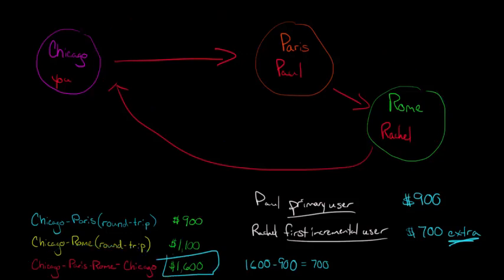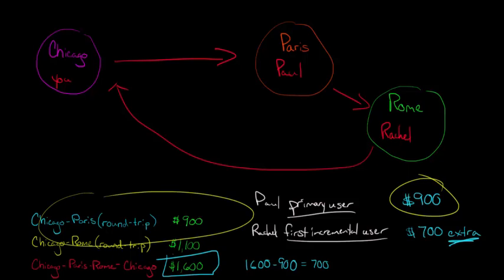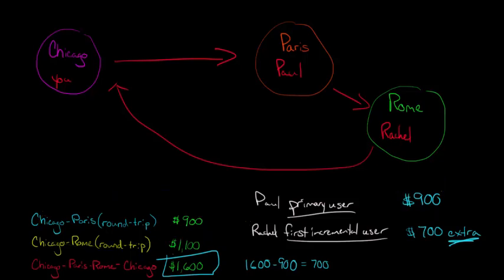Now, you might think, hey, that makes sense, but here's the question, and this can be difficult if you're a firm and you're trying to figure out who is the primary user. Because the primary user is going to get charged the full freight. Paul is basically, it's as if you visited Paul by himself. So Paul's not getting any benefit of the fact that you got this discounted deal.